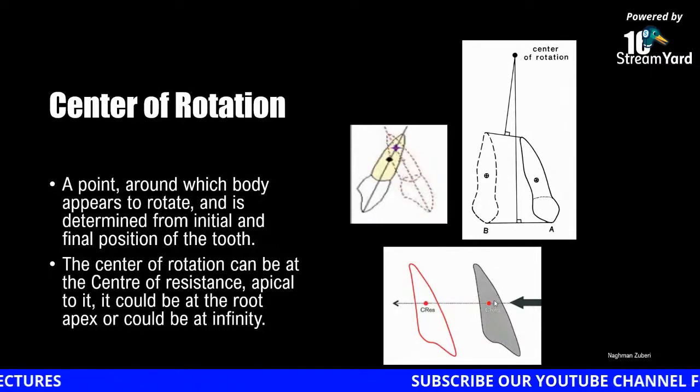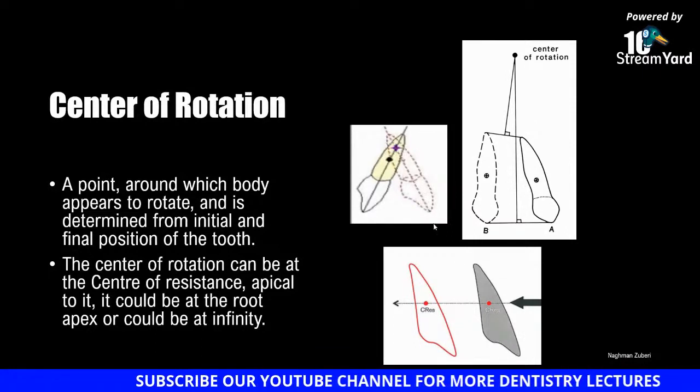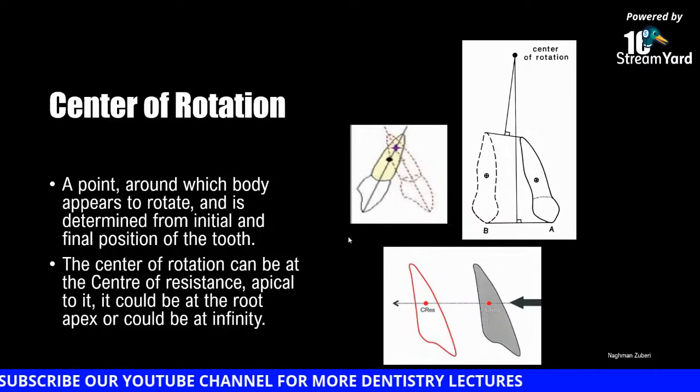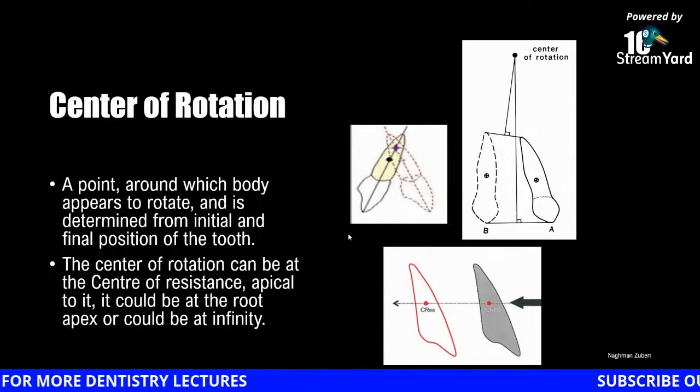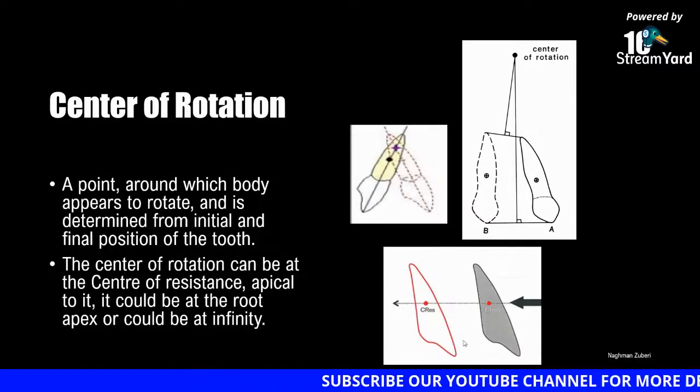Once we have a complete bodily movement, the center of rotation will be lying at infinity. That is not possible to determine because the tooth is not changing its orientation.